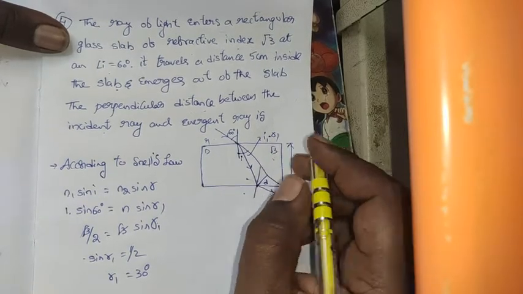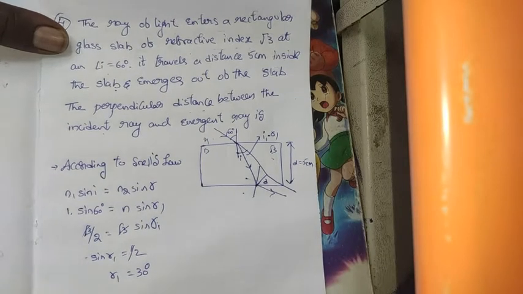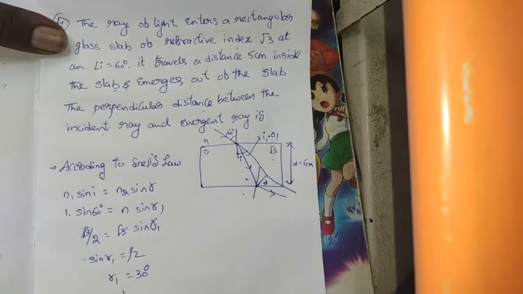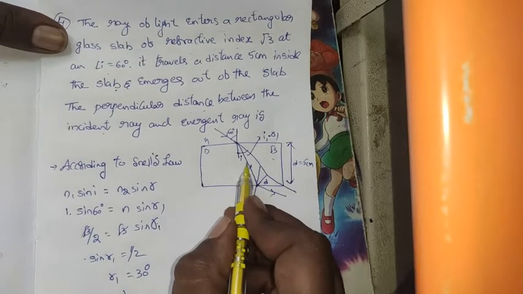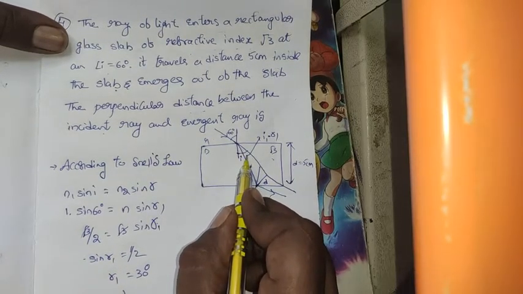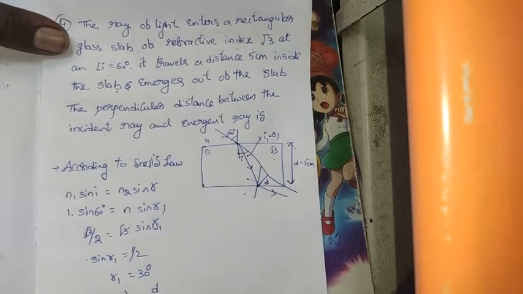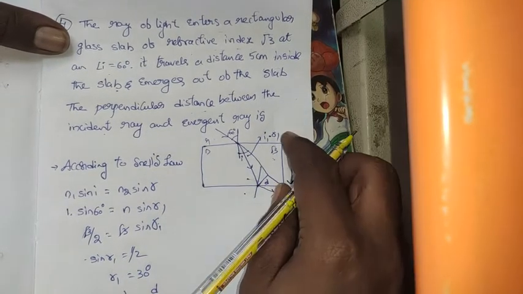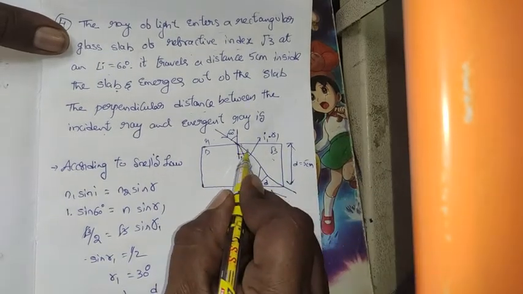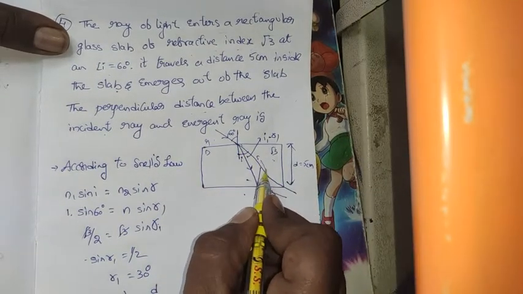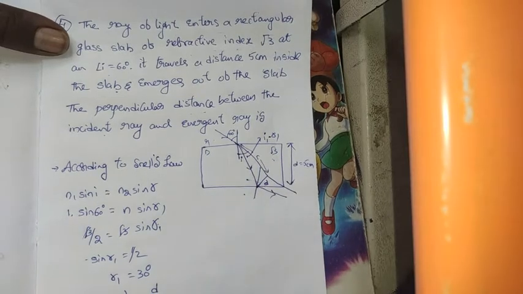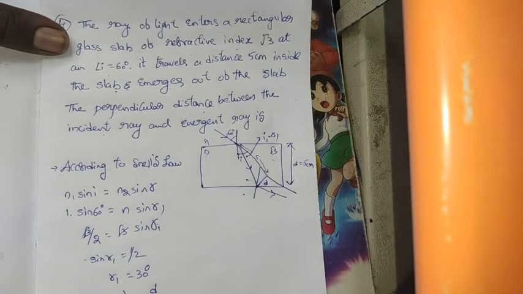Sin is opposite side by hypotenuse. For the angle I1 minus R1, the opposite side is D, and the hypotenuse is the complete path, which is 5 centimeters. So sin of I1 minus R1 equals D by 5.